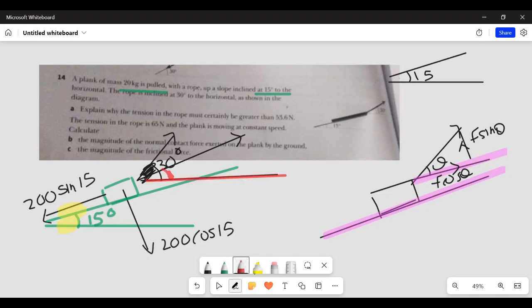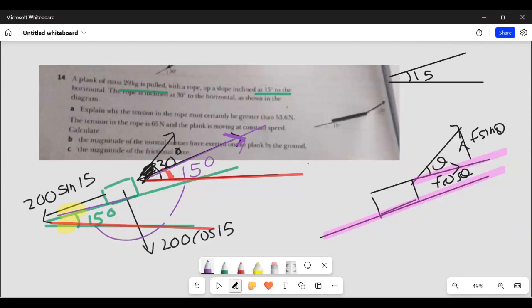It's between the horizontal, this is also horizontal, this was horizontal, right? And this is the slope. And this is also parallel to the slope, this movement or this vector. So this will also be 15 degrees. So these two angles are always the same.